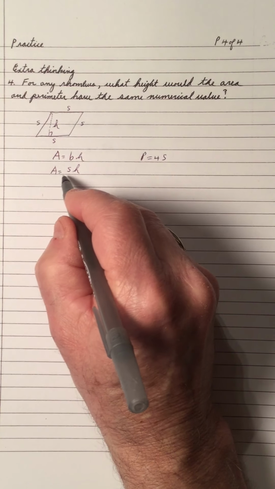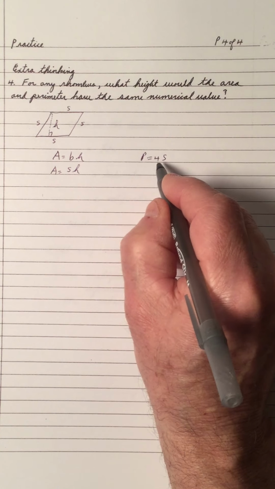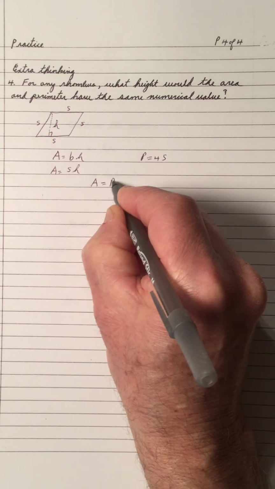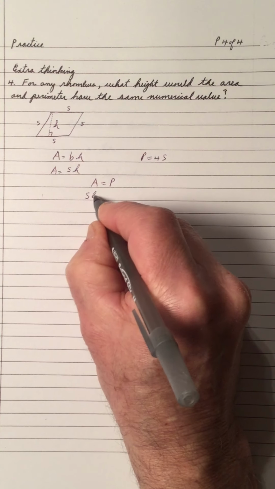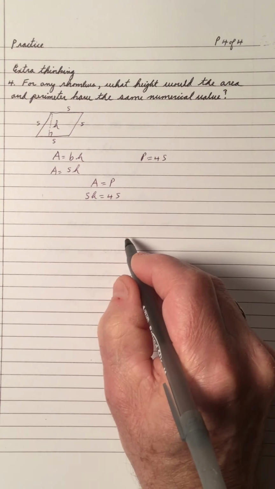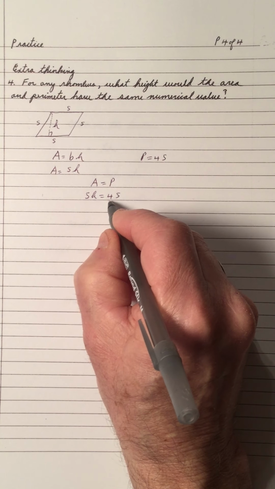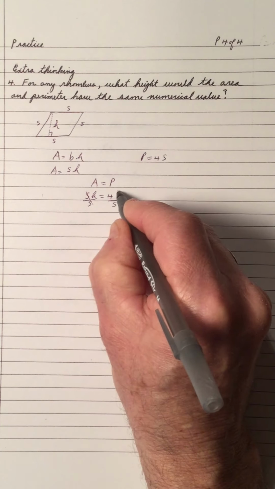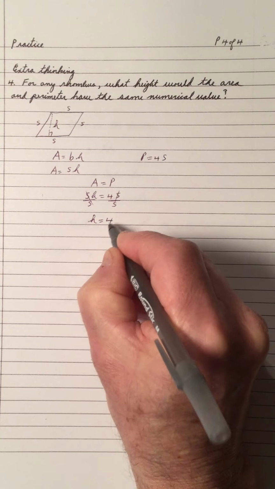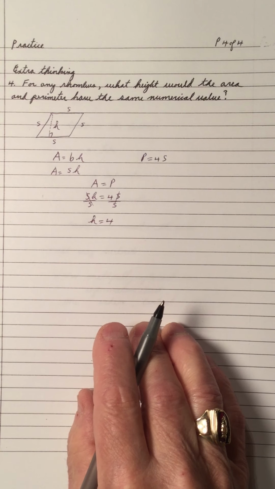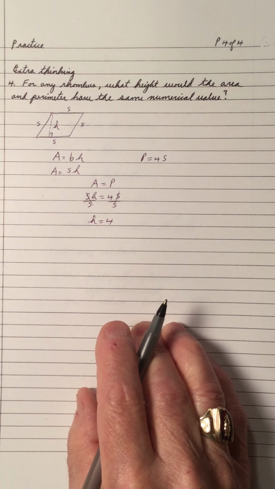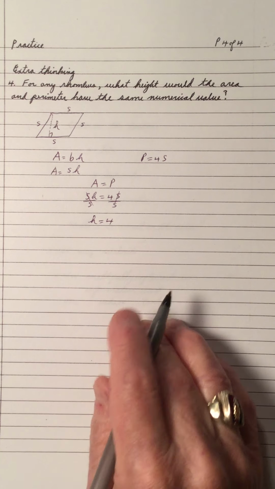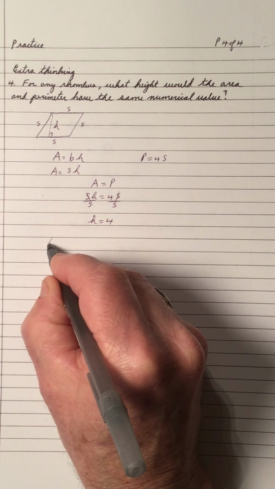So if the area is SH and the perimeter is 4S, if the area is equal to the perimeter, then SH is equal to 4S. And if we divide both sides by S, the height becomes 4. So when a rhombus has a height of 4, its area will be the same numerical value as its perimeter.